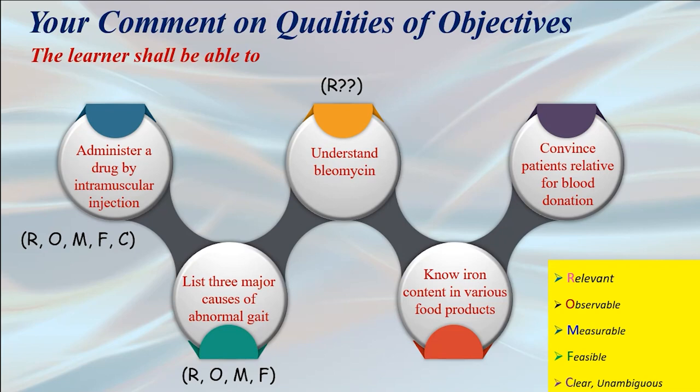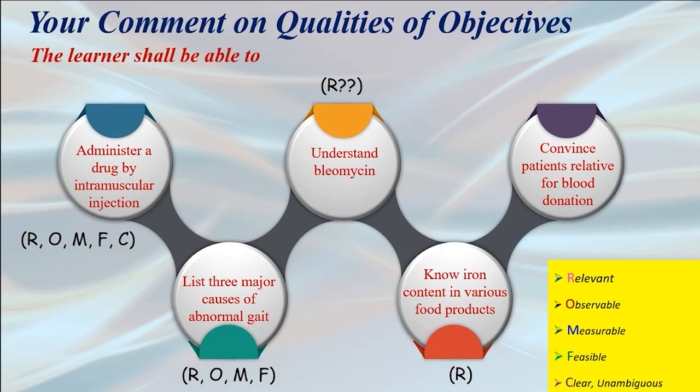The next one is: the learner shall be able to know iron content in various food products. Is it relevant? Yes, maybe, but it's not observable, not measurable, not feasible, and not clear. The last one is: the learner shall be able to convince patients' relatives for blood donation.